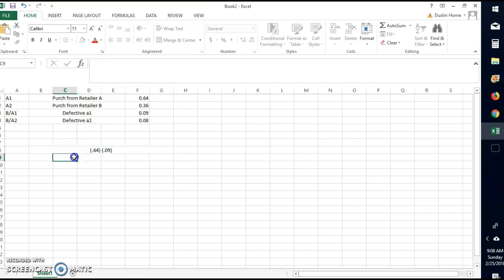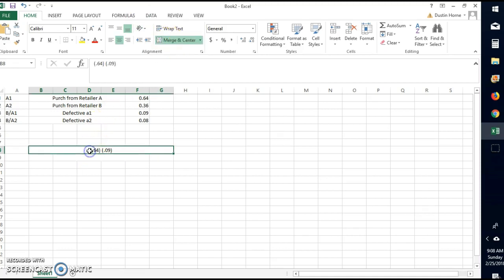Now, the bottom, I will give you a big hint. Whatever you put on the top will be the first thing you put on the bottom. So 0.64 times 0.09. That's all to do with the one that you're trying to find. We're trying to find the probability that the defective DVD was purchased from A1.